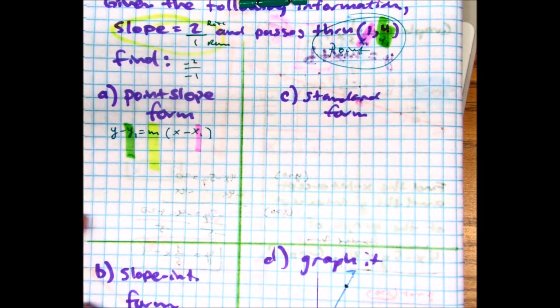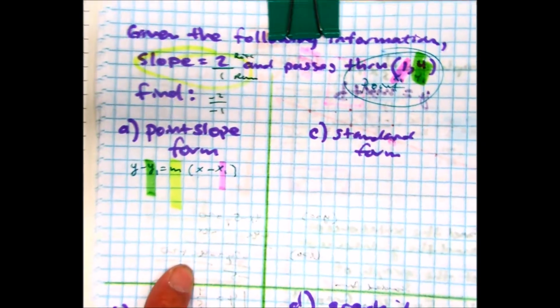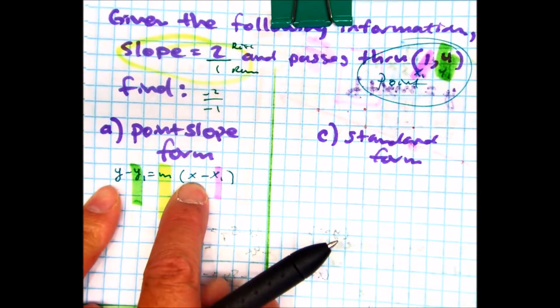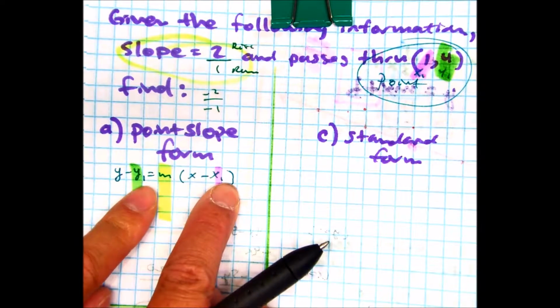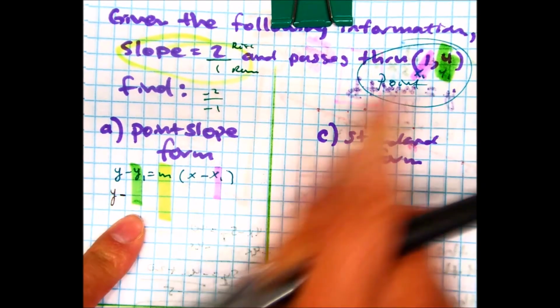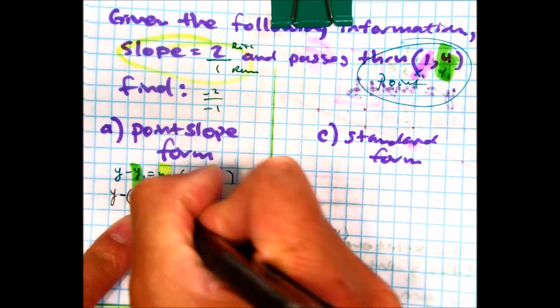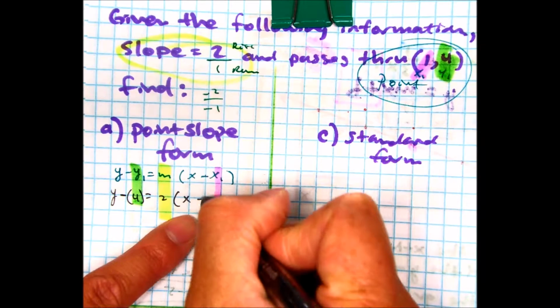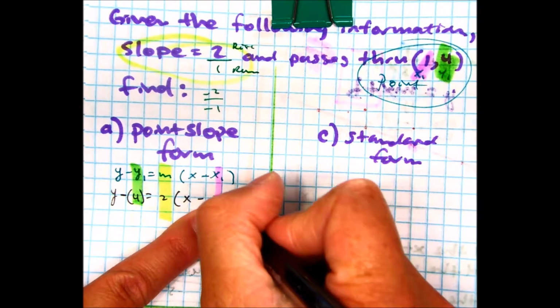Pay attention that when you're working with point-slope form, you're not using the x and the y. You're using the ones with the sub ones there. So I have y minus 4 equals my slope, which is 2, times x minus my x1 value, which is 1.